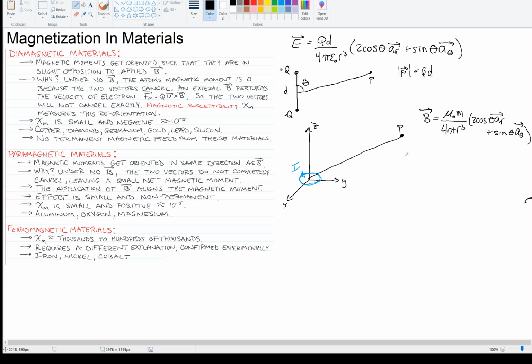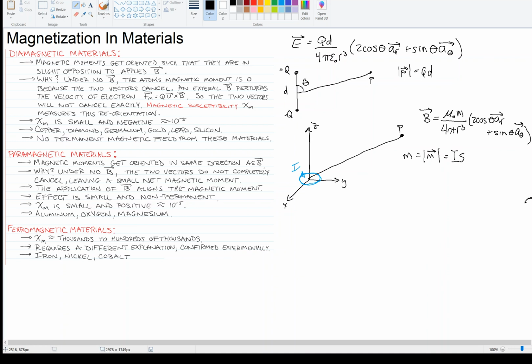Where m is the magnitude of vector m, which is I times S. I is the current in the wire. S is the surface area of the loop. And this is the magnetic moment, m.